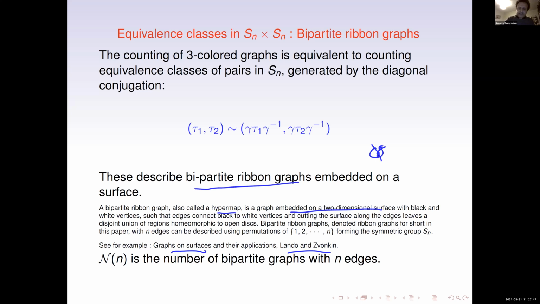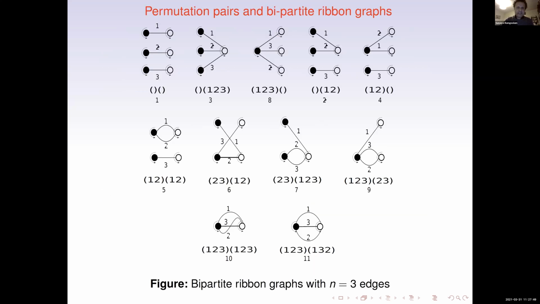So just to concretely show this for the case of S3, we are looking at permutation pairs subject to simultaneous conjugation. For example, if they're both identity, with three edges, that means we're looking at graphs which have two kinds of vertices, black and white.